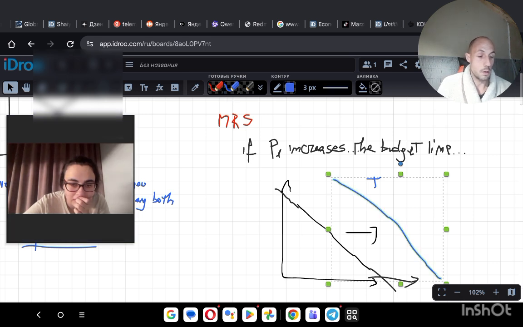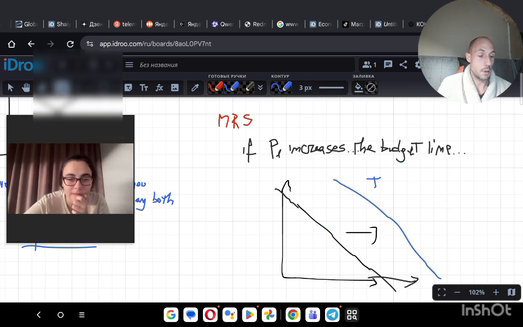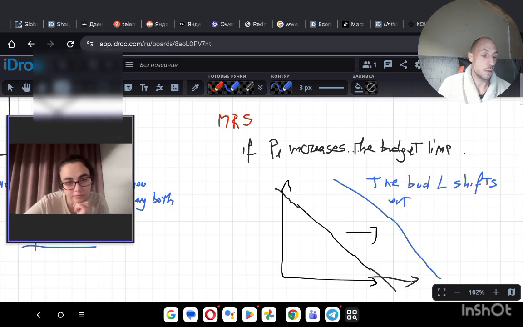So the budget line shifts out. Also, if you increase the budget. Just have more budget. Exactly, increase. If your money increases.